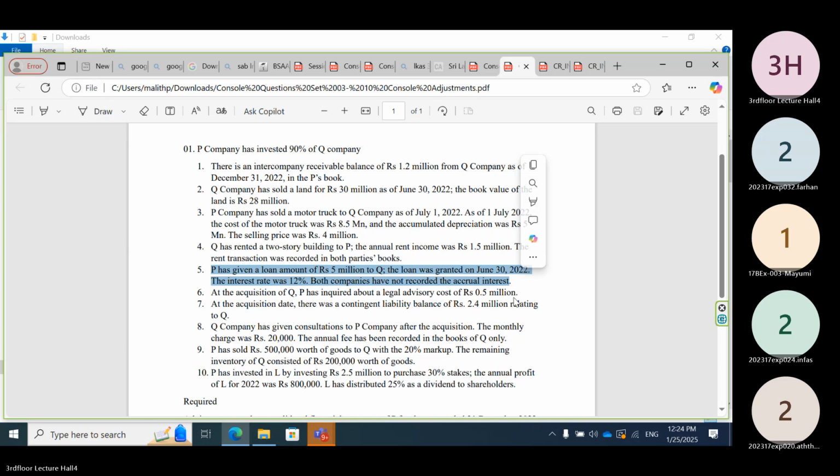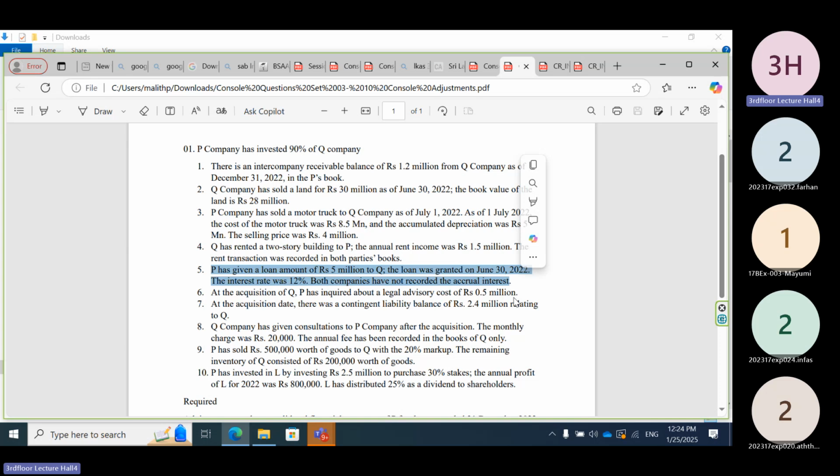Right. Then what you have to do, income and expense. If you are requested to do the P&L, you have to adjust that in the P&L, line by line.